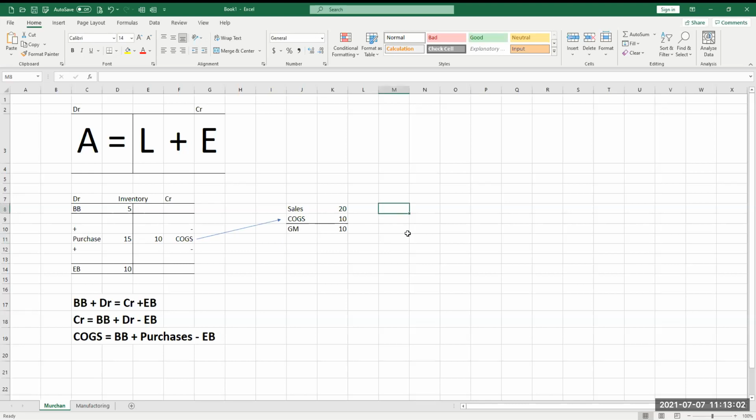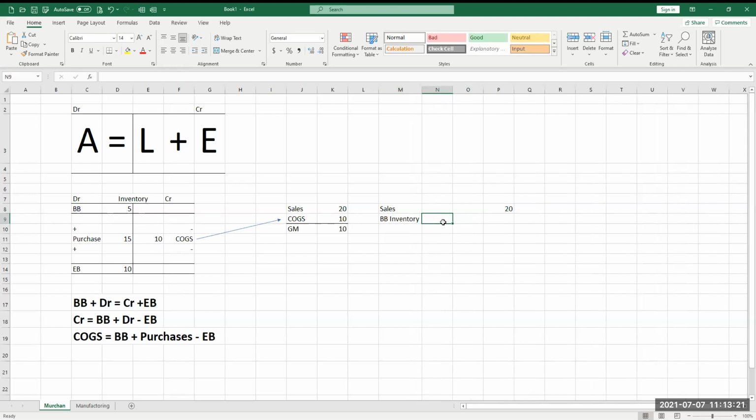The other way to show it will be sales is 20. Let's put it here on the left, 20. And in order to get the cost of goods sold, I'm going to start with the beginning balance on the inventory, which in this case is 5. Then we're going to add purchases, another 15.